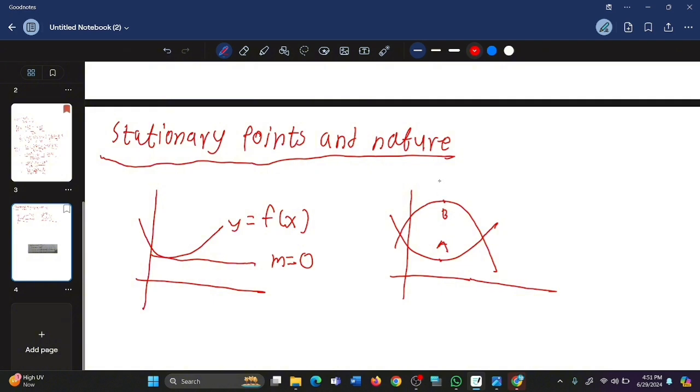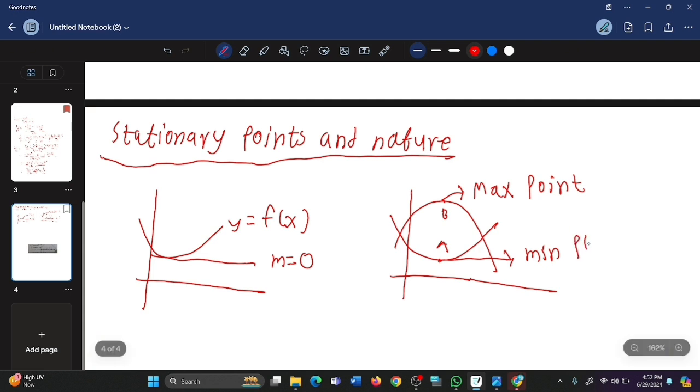The curve has many y values below B, but it does not have any y value above B. Thus, it is a maximum point, and this is a minimum point. So we'll be working with both types of stationary point in this chapter. So let's look at one of the questions.